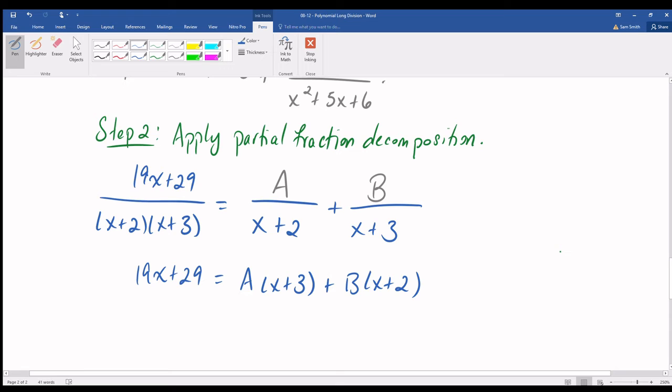Now, since these factors have values of x which will make them 0, I can, for example, set x equal to negative 3 to eliminate the first term. If I do that, I will get negative 3 times 19, which is negative 57, plus 29. The A term vanishes, and I'm left with B times (negative 3 plus 2).